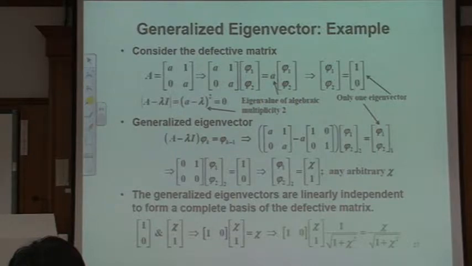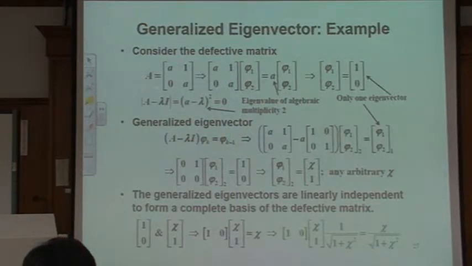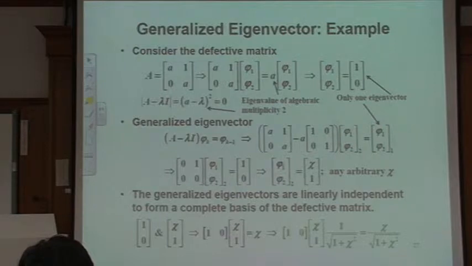Now let's look at a few examples. If we consider the defective matrix like this matrix here, we try to find its generalized eigenvector.